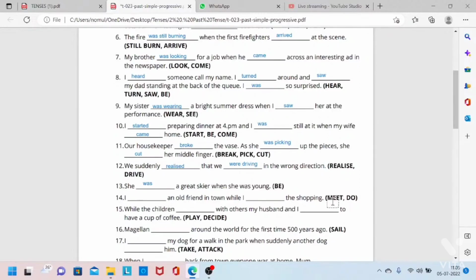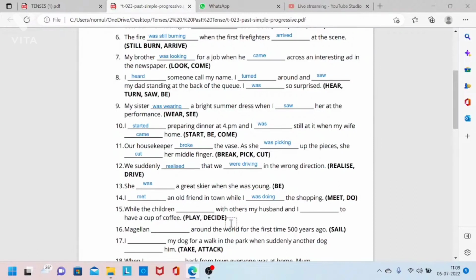So meet becomes met, past tense of meet. Okay, I met an old friend in the town while I was doing shopping. While I was doing the shopping. This is the correct sentence.